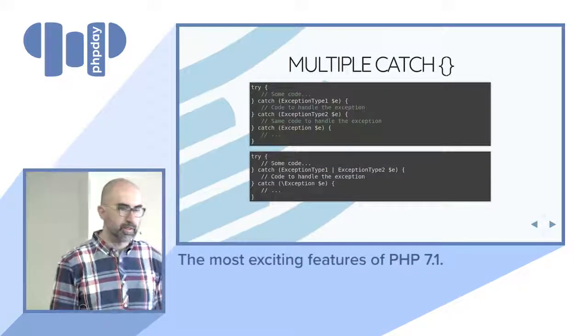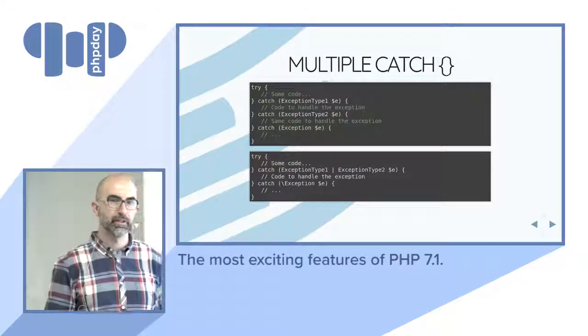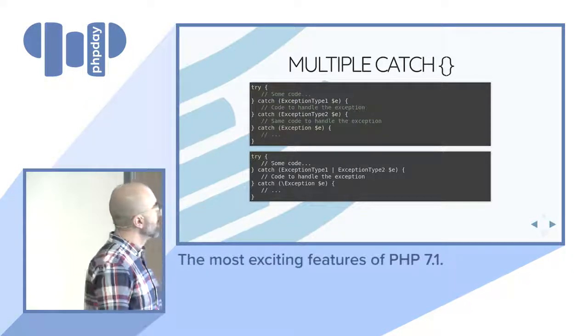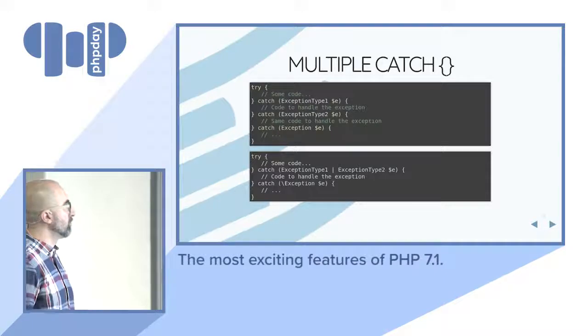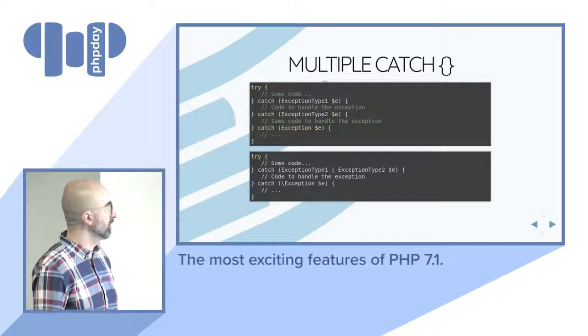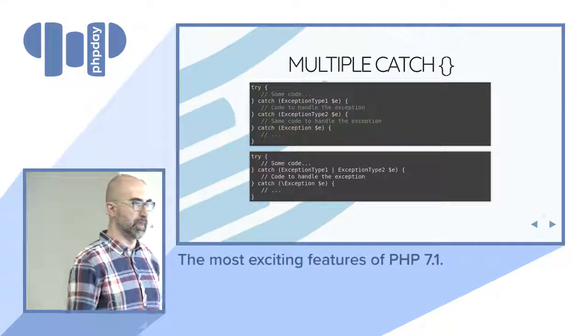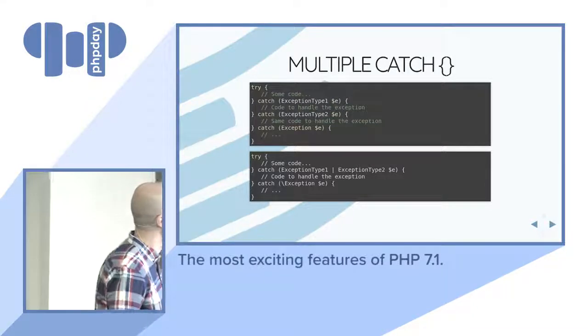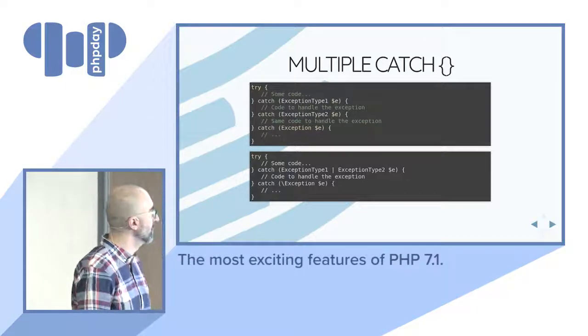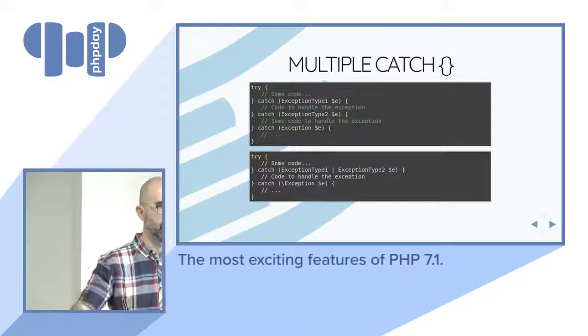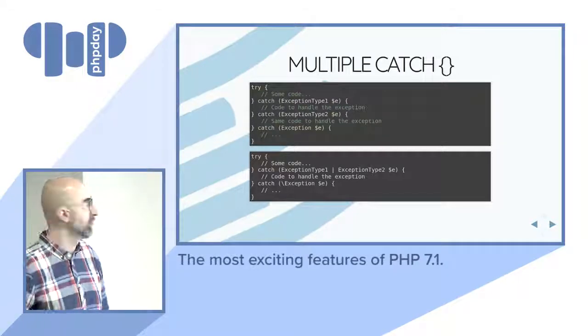Okay, another nice, exciting feature of PHP 7.1 is the multiple catch. I don't know for you, but for me this was very helpful. I'm one of the contributors of Zend Framework, so we do a lot of exception inheritance. We have to manage a library.